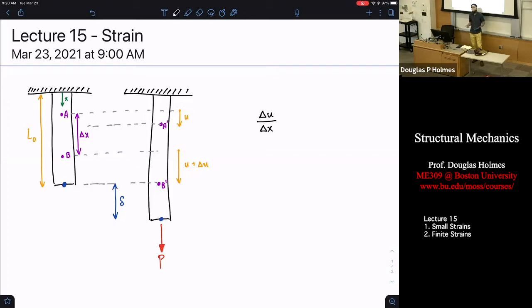And we know that whenever we have a finite difference between two quantities, we can take the limit as our delta X goes to 0. And if we take the limit of delta U over delta X, as delta X goes to 0, we get a differential.